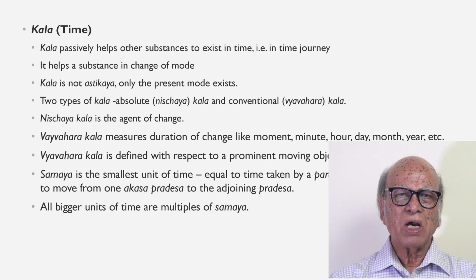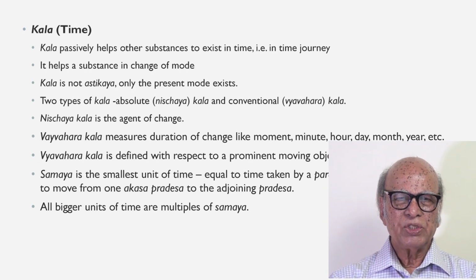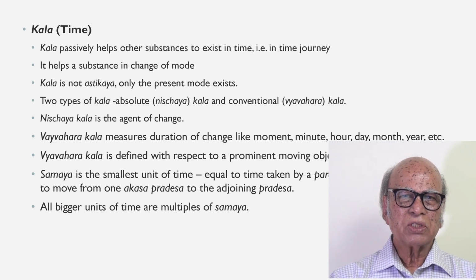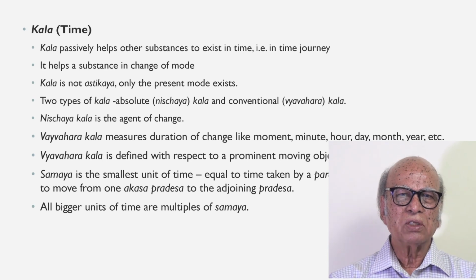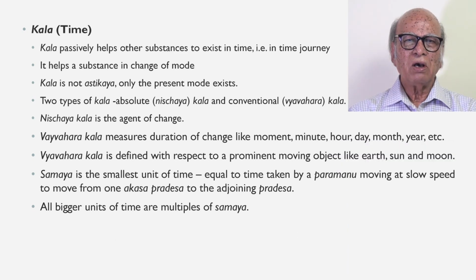Two types of Kal are described in Jainism. One we call Nischay Kal, and another we call Vyavahar Kal. The Kal which I talked about just now is Nischay Kal, the one which helps in transition. Vyavahar Kal measures the duration of change.